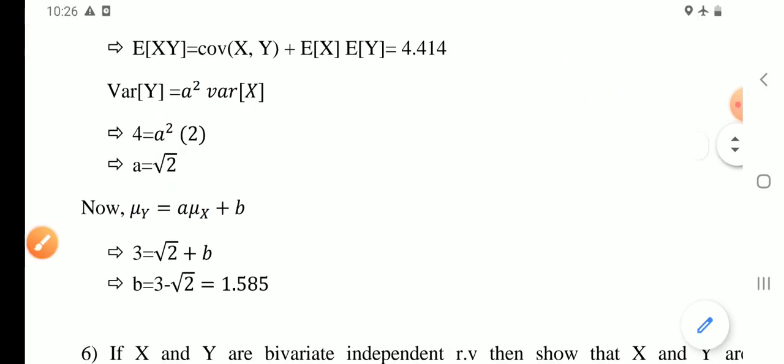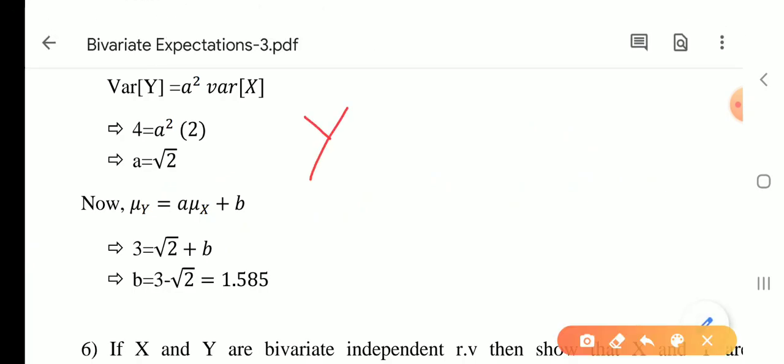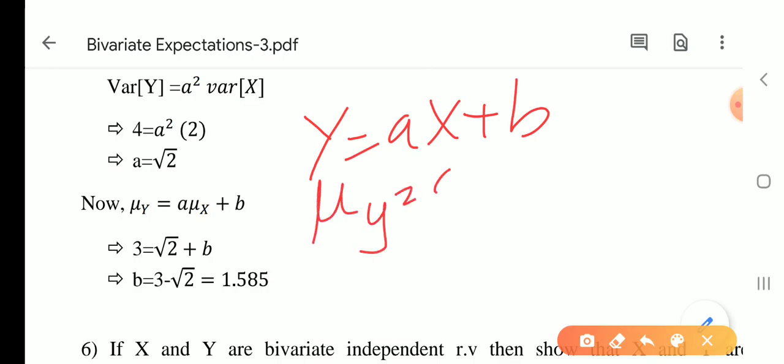Let us find the value of b now. For that, we will use the condition y is equal to ax plus b. If we apply expectation on both the sides, or if we take mean on both the sides, it becomes mu y is equal to a into mu x plus b.